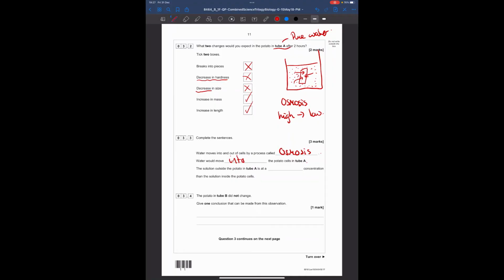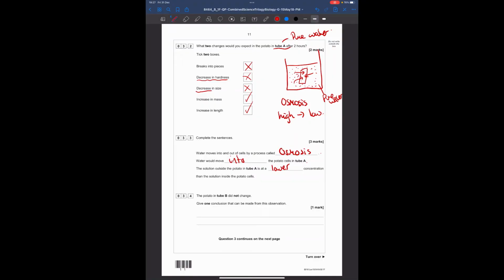So we know because it is pure water, there is no sugar in it, therefore it is at a lower concentration of sugar compared to what would be inside the potato.